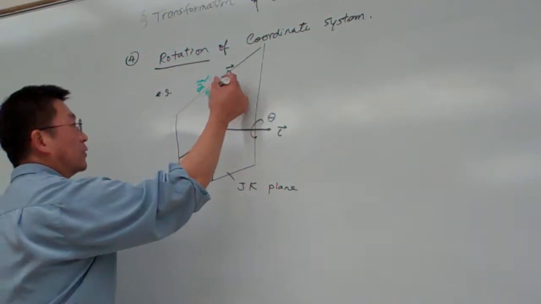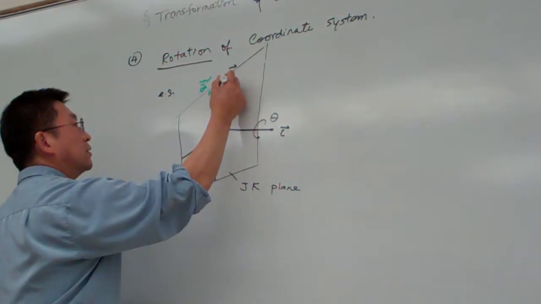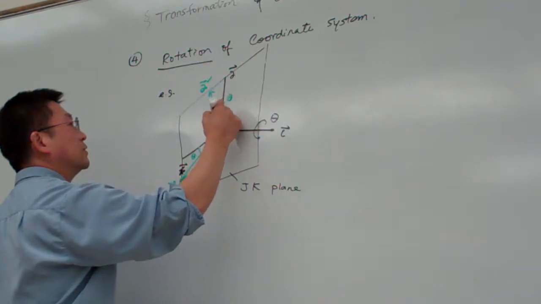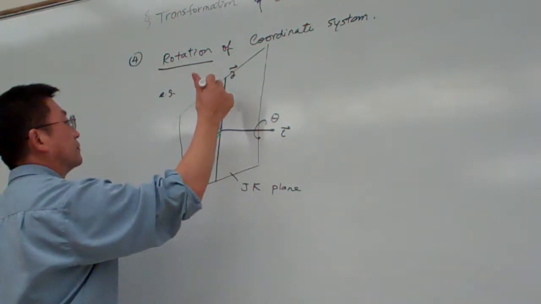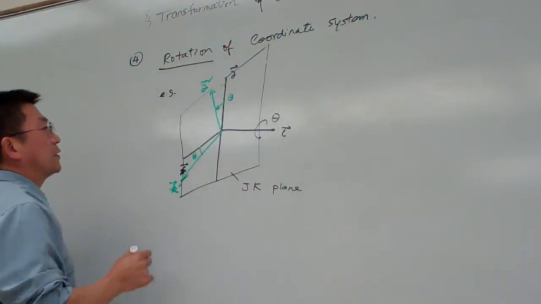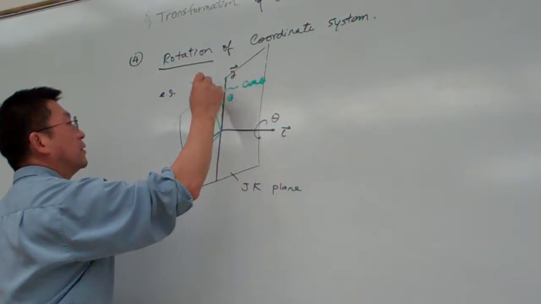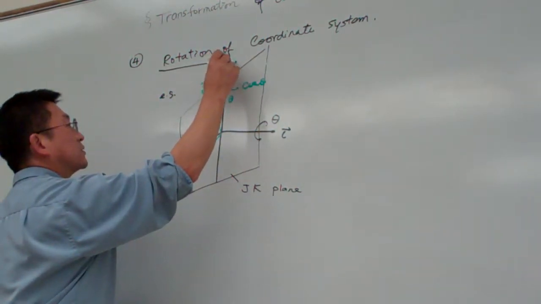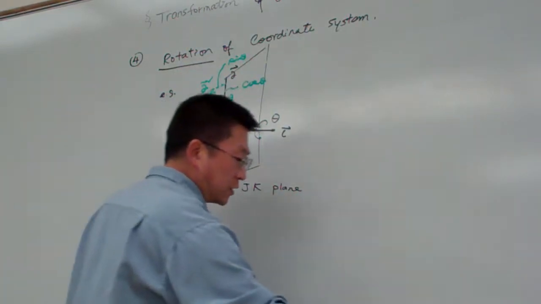Then we see. Again, this one we simply project the components. So this one is the two components. For example, this component is cosine theta, and this one is sine theta. In a similar way, here we can write it out.